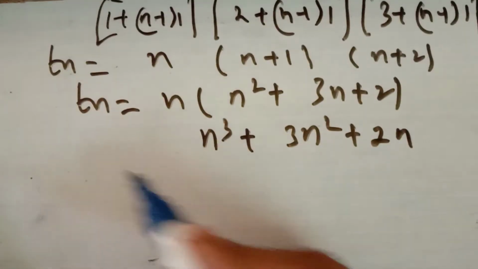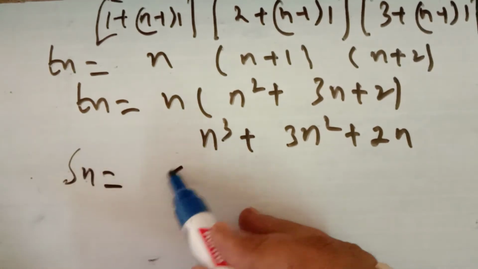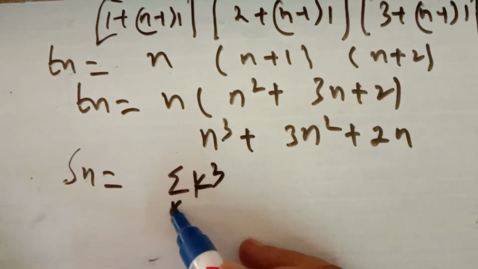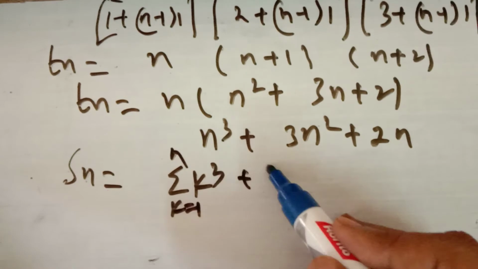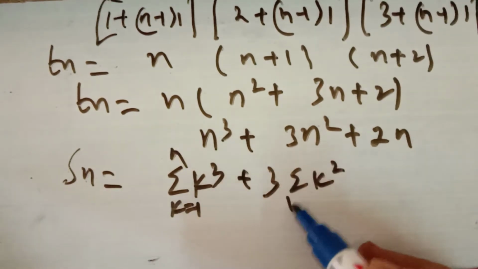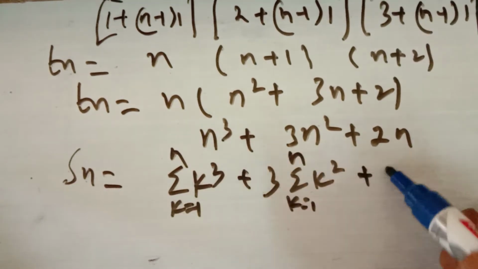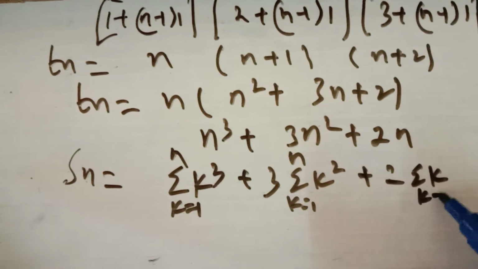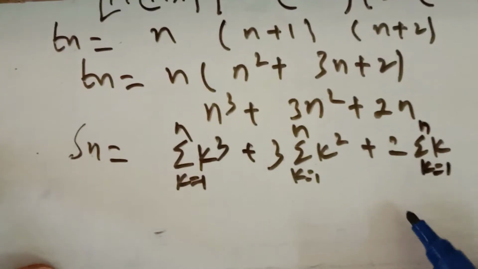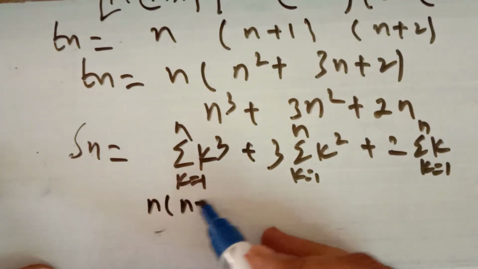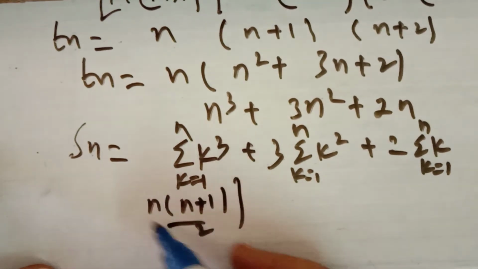And as you have to find the sum, similarly you take summation of k cube, k value from 1 to n, plus 3 summation of k square, k value from 1 to n, plus 2 summation of k, k value from 1 to n. And you know the formula for this: n plus 1 upon 2, whole square.